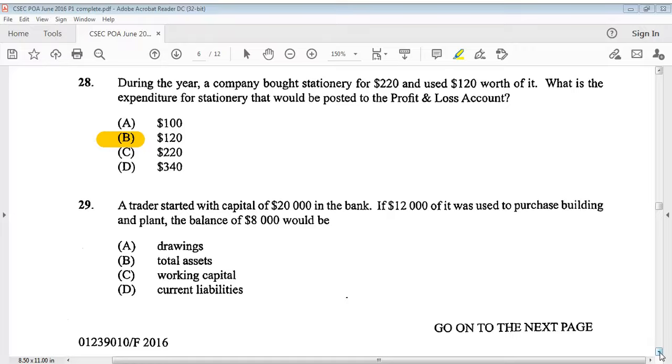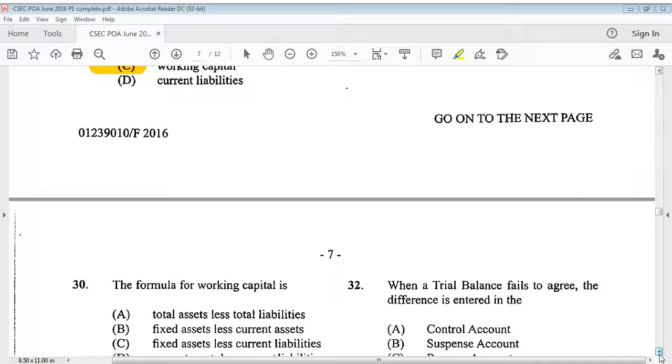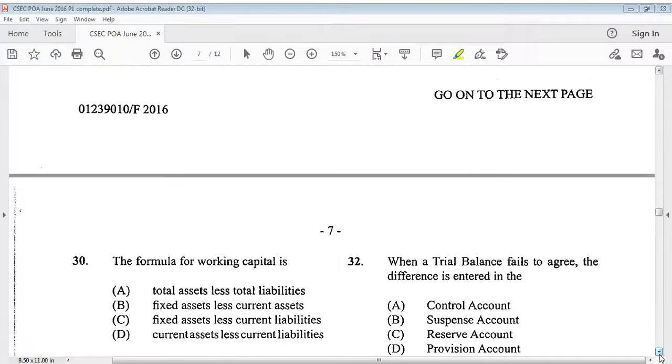We know that would be working capital, C. Let's go to our final question for today. It says, the formula for working capital is A, total assets less total liabilities, B, fixed assets less current assets, C, fixed assets less current liabilities, or D, current assets less current liabilities. We know that's D. We have just worked it out.